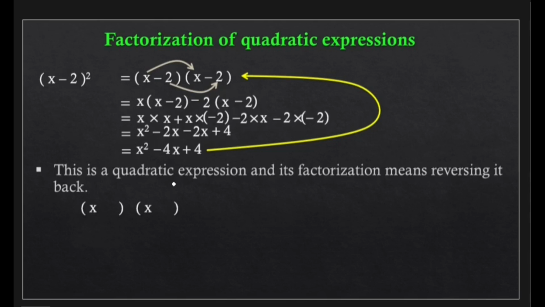There are a few possibilities of getting positive 4: multiplying negative 2 times negative 2, or multiplying 2 times 2, or 1 times 4, or negative 1 times negative 4.